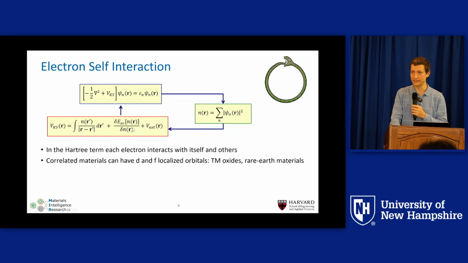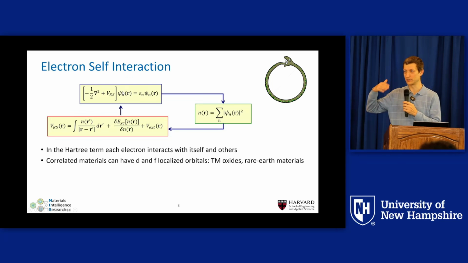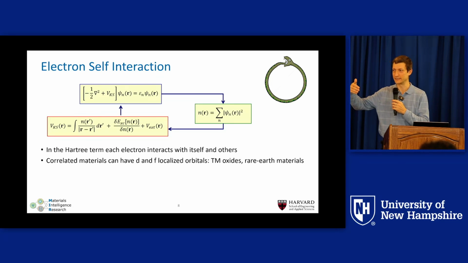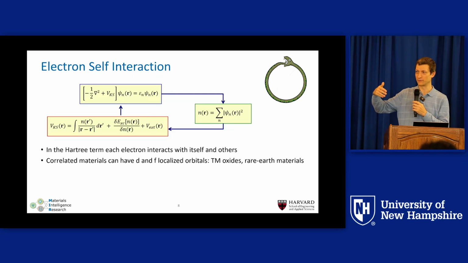One thing you get from an inaccurate representation of the exchange correlation is that in the Hartree term, you include electrons that are in your system, but that also becomes the potential in which each electron lives. So each electron interacts with its own charge density. And that leads to what's called self-interaction error.